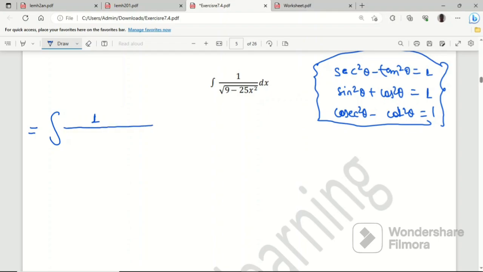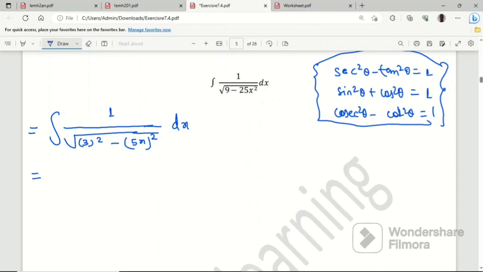It is in the form of 3 square minus (5x) whole square. I'm not saying that you'll always be able to try trigonometric identities, but you can if you wish. Try it, make some errors, you can learn it. So it is in the form of a square minus x square.